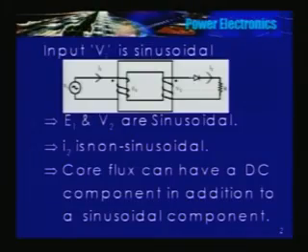The sinusoidal flux is produced by the magnetizing current drawn from the source, which is sinusoidal. For every high frequency sinusoidal component present in the secondary current, an equivalent high frequency current should be there in the primary.